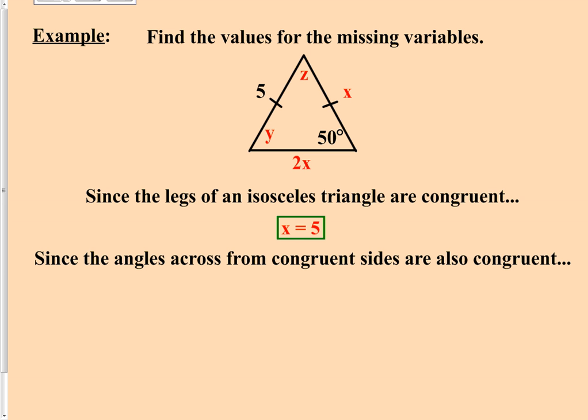And in this case we do. We have two side lengths that are the same measurement. That means that the two angles across from those two side lengths will also be congruent. So if you have one angle measurement across from a tick mark that is 50 degrees, then what kind of an angle measurement are you going to have across from the other tick mark? It will also be 50 degrees.